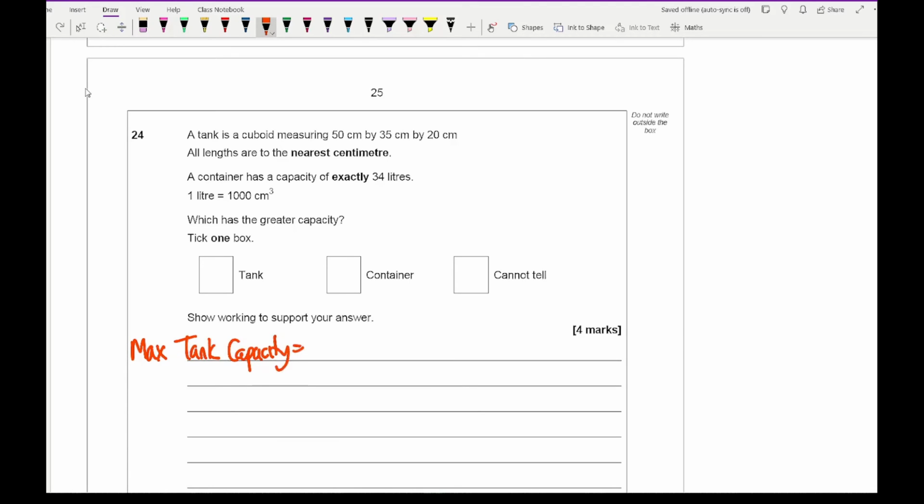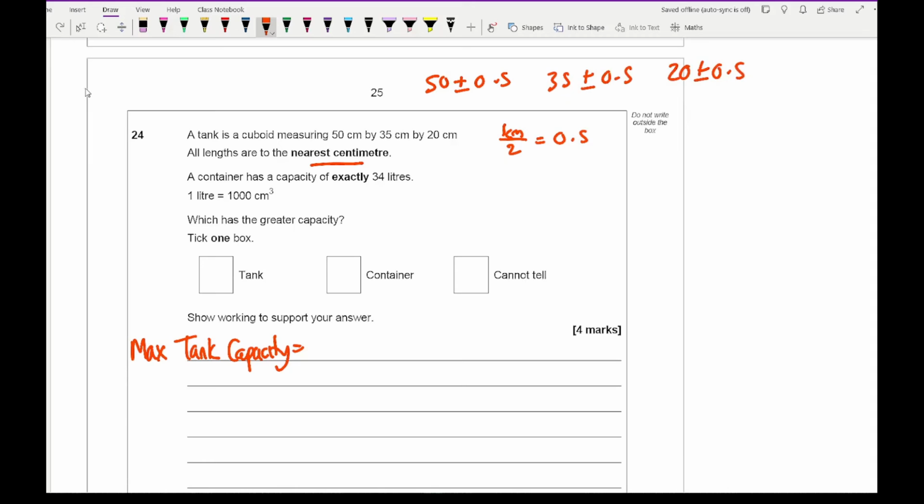Now for this, what we need to do, again, if it's to the nearest centimetre, we do 1 centimetre divided by 2, so that's 0.5. So what I then need to do is 50 plus or minus 0.5. I've got 35 plus or minus 0.5, and I've got 20 plus or minus 0.5.